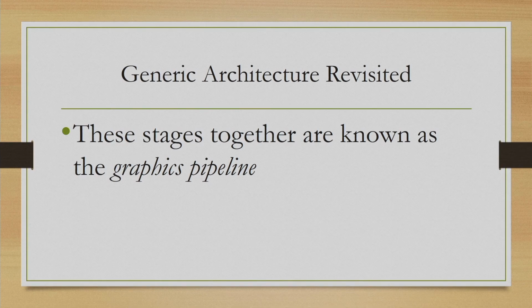These stages or the series of steps that are involved in the generation of color values are together called the graphics pipeline. This is a very important terminology, and in our subsequent lectures we will discuss in detail the stages of the pipeline. That actually will be the crux of this course.